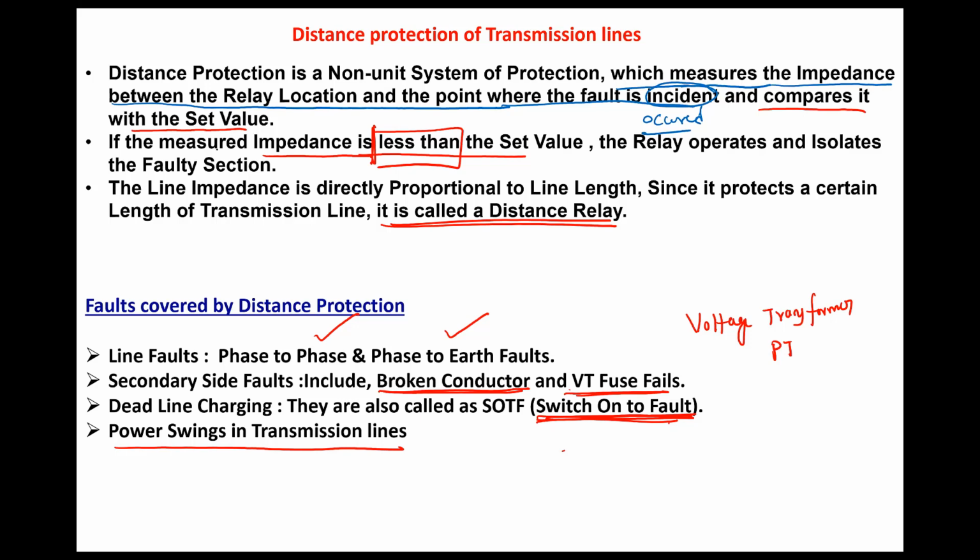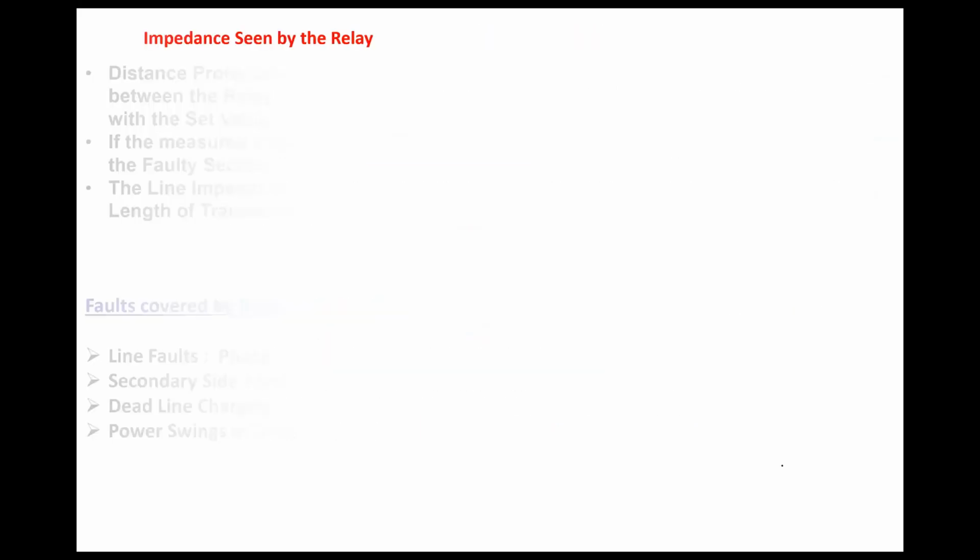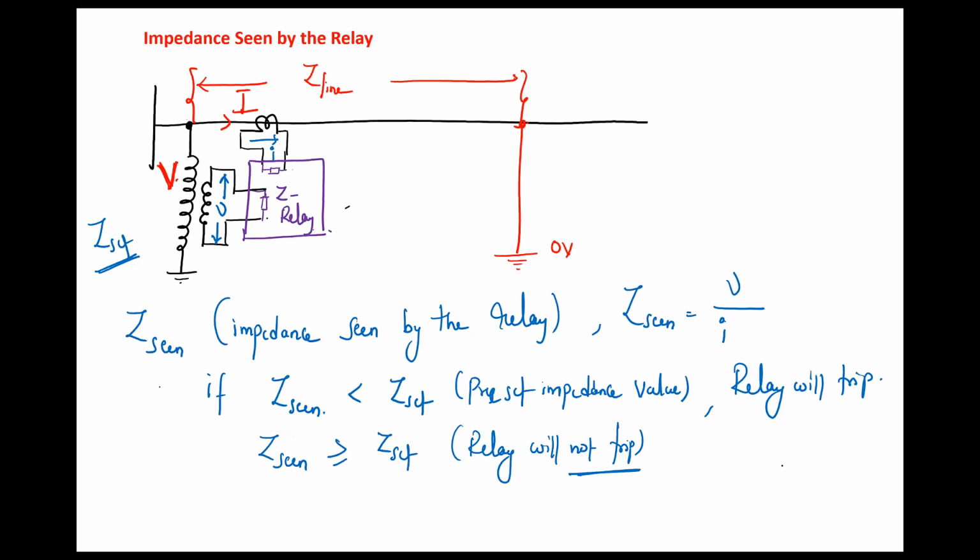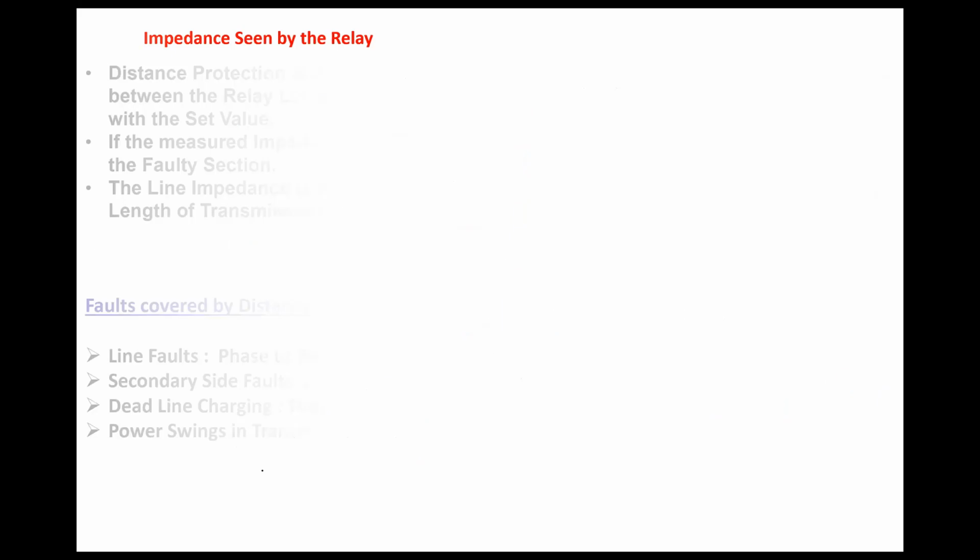If the measured impedance, that is the Z seen by the relay, is less than the set value, the relay will trip. If the Z seen by the relay is greater than or equal to Z set, then the relay will not trip. That is the fundamental idea.